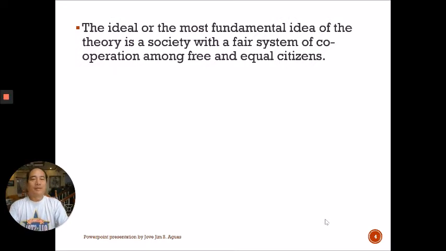So the ideal, the most fundamental idea of the theory, is a society with a fair system of cooperation among free and equal citizens. So you can already see here the basis of an ideal society. It's a society where the members are free and equal. But of course, we're going to define what he meant by equal and free, right?